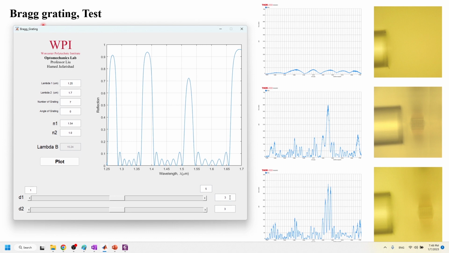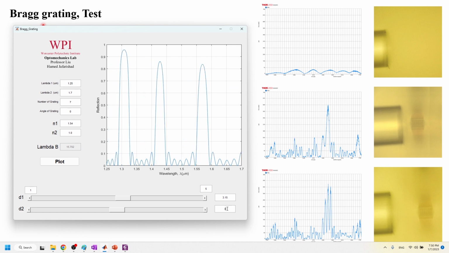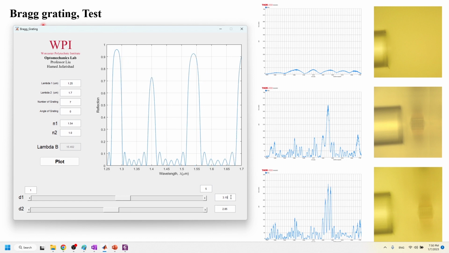So to compensate for that, considering the voxel size to be 150 nanometers, I added this number to the thickness of the medium and reduced it from the thickness of the air.